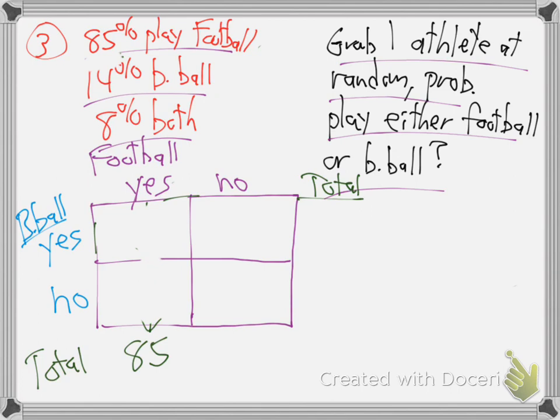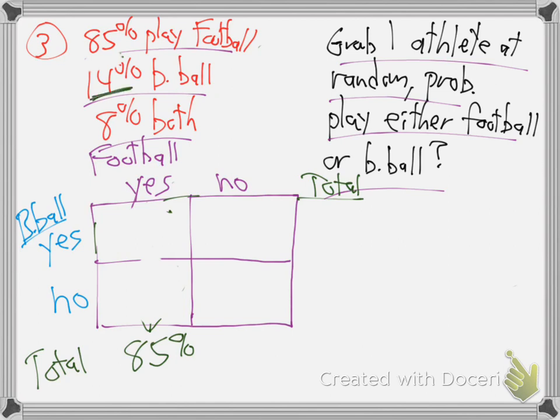Maybe, I'm just guessing right now, maybe this will end up being 70%, and this will end up being 15%. I have no idea. I'm sure that's not right. But I'm just giving you an idea of what's going to eventually happen. There's some percentage that play football and basketball, and some percentage that play football and don't play basketball, and altogether it's 85% that play football. Get the idea? I don't know those other boxes yet, but all I know right now is the total percentage that play football is 85%.